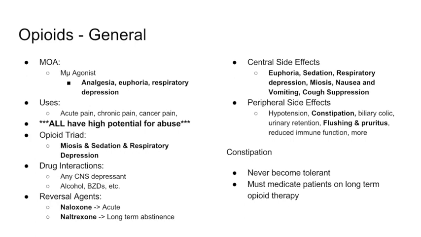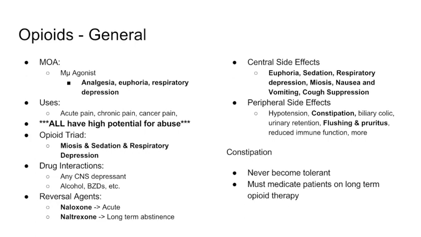All have a high potential for abuse, so don't ever let anyone tell you that tramadol is a weaker mu agonist, therefore there's less potential for abuse. They are wrong. You need to treat every opioid medication with a certain level of respect for the fact that there's a possibility for abuse.